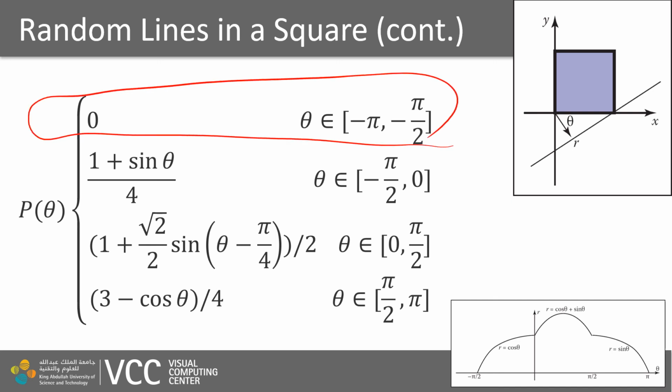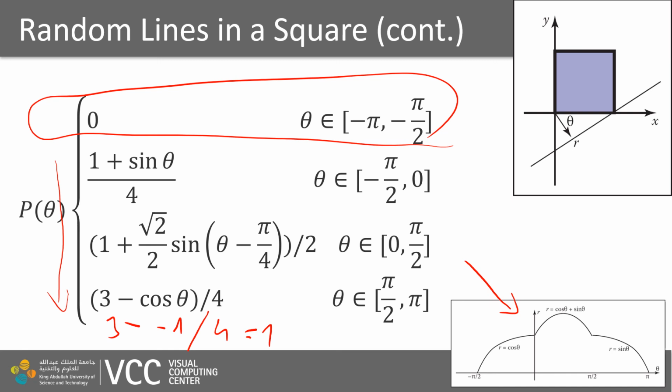This part will be 0, and then the cumulative distribution function is increasing, and at the end it is equal to 1, because 3 minus 1 divided by 4 is 3 plus 1 is 4, 4 divided by 4 is equal to 1. So we have here the cumulative distribution function. This is, by the way, the probability density function, which we have here, of the Rmax function.